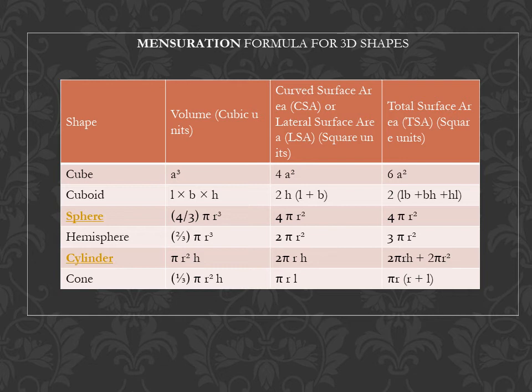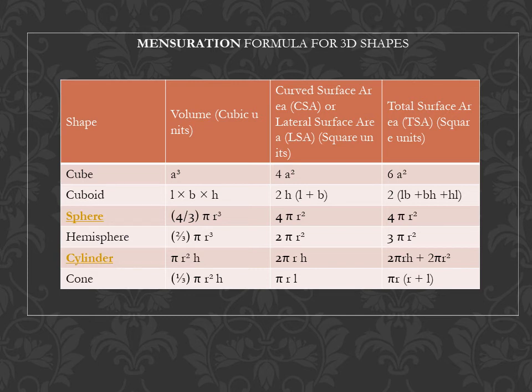Cuboid. Volume is length into breadth into height and curved surface area is 2 into l plus b into h. Total surface area 2 into lb plus bh plus hl. Sphere, 4 by 3 pi r cube is the volume.